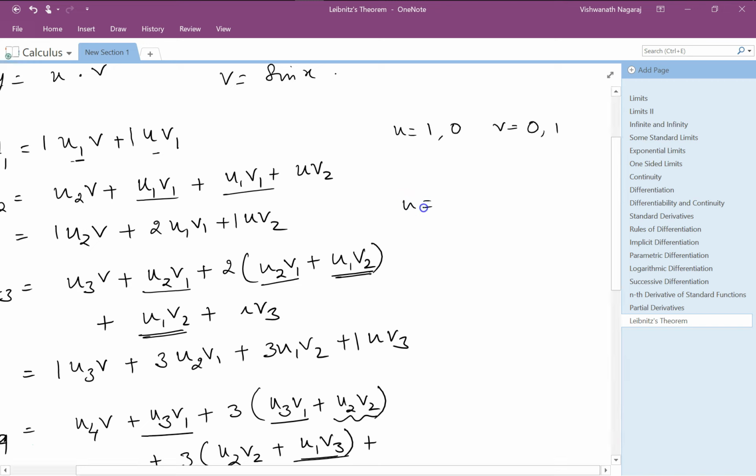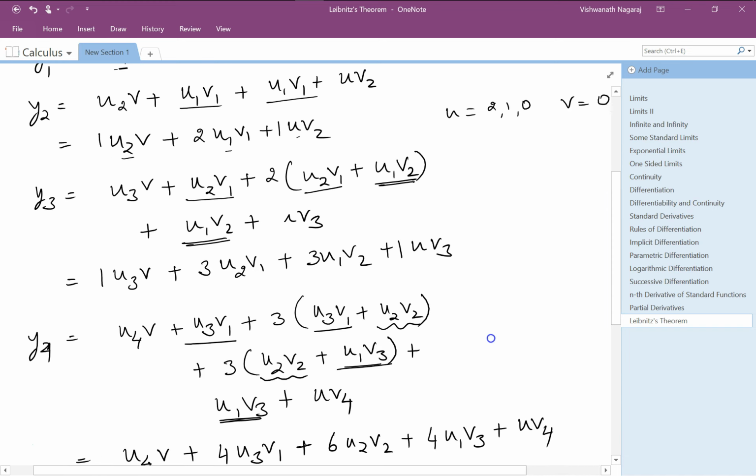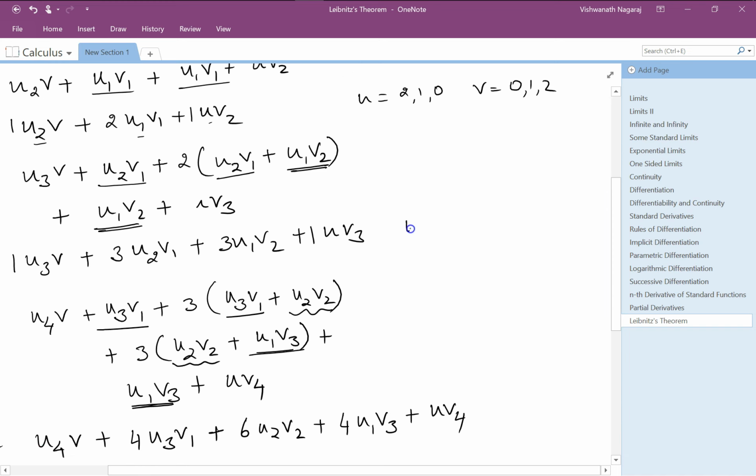Now u is 2, 1, 0 and v is 0, 1, 2. Similarly here, u is 3, 2, 1, 0 and v is 0, 1, 2, 3.